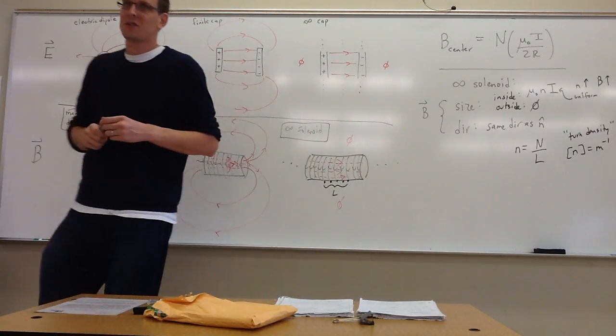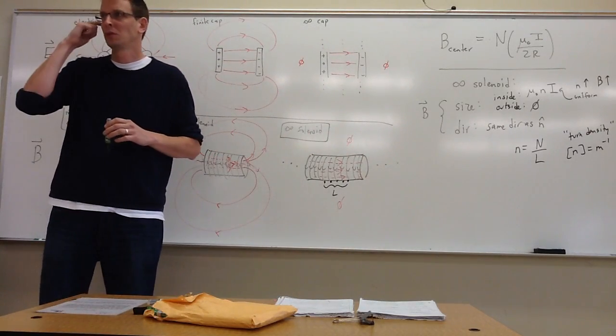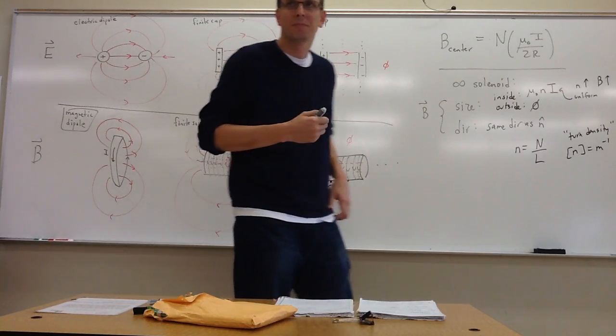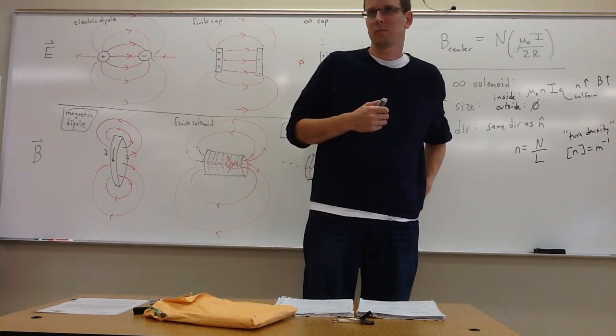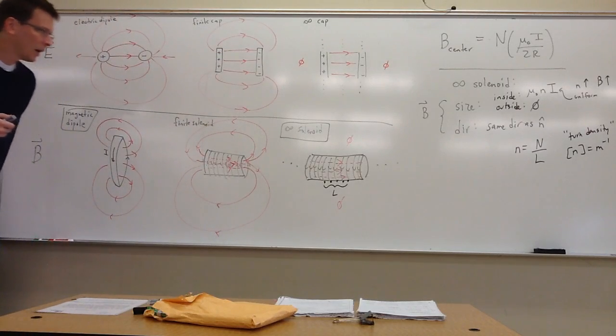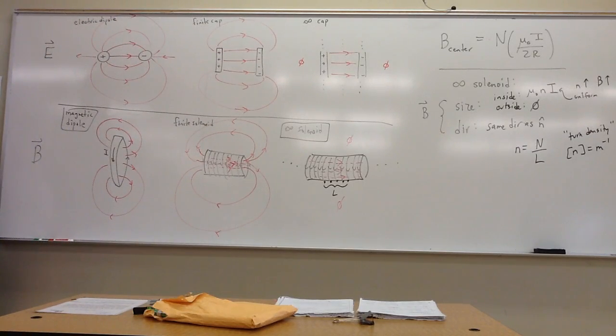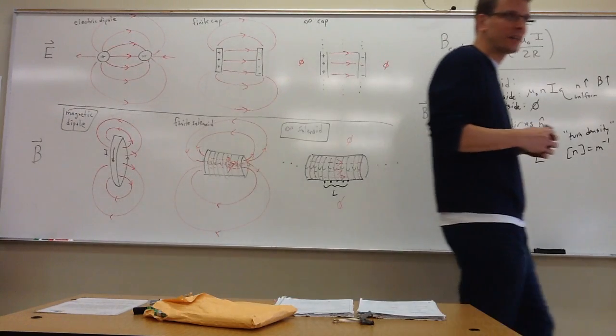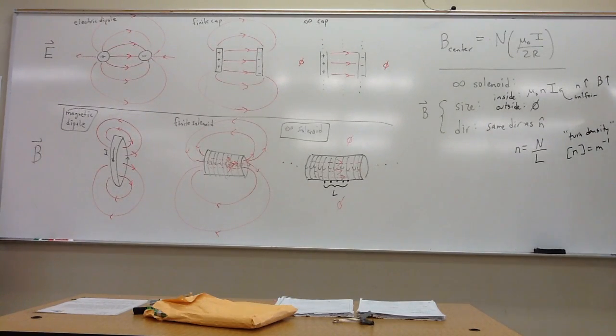Are there any questions on this? All right. So we are ready, I think, to move on to magnetism and matter. So bar magnets and things like that. What's going on there? How do they work? Okay. Are there any questions before I do that?